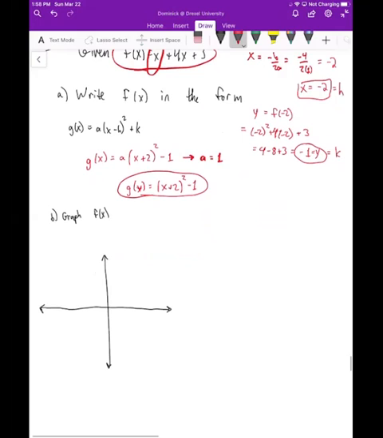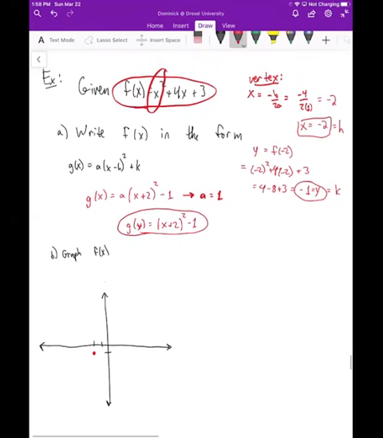So one last thing, we will graph it. So we know that our vertex, again, is at negative 2, negative 1. We know that the graph opens upward, since our a term is positive. And of course, we can see by looking at it that our y-intercept is 3.